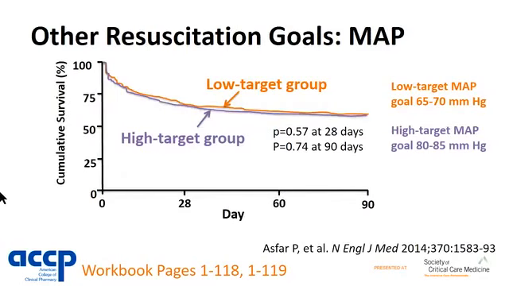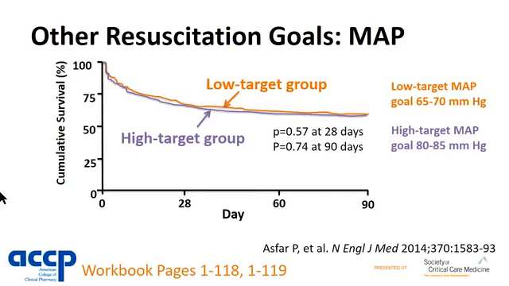Some other goals that we'll talk about just briefly will be whether you should target a MAP of around 65 or an even higher MAP. This is a study that actually randomized patients to a MAP of 65 to 70 versus 80 to 85. And you can see here with the Kaplan-Meier curves, there was no difference in outcomes in all patients with these 2 strategies, whether at 28 or 90 days.